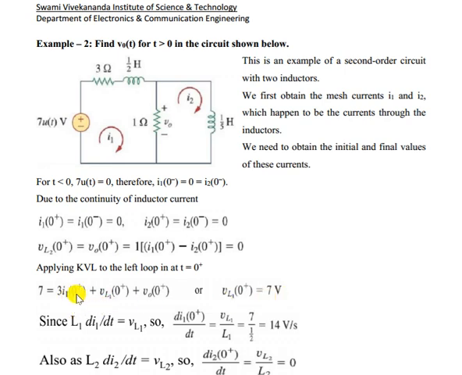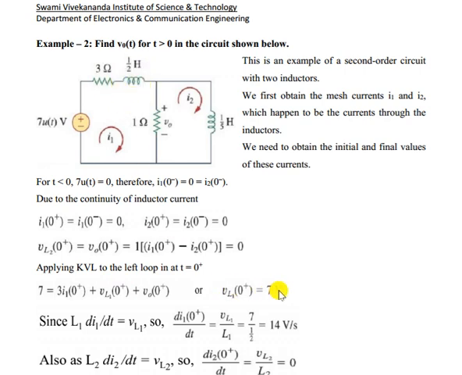Why? Because I1 is 0 and V0 is also 0. That means the capacitor voltage previously was 0 and the previous current was also 0. So when the voltage source comes into the picture, what will happen?